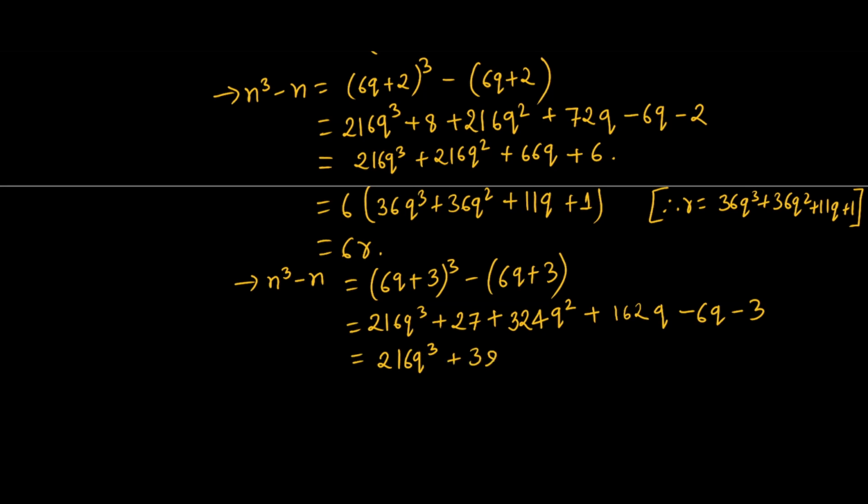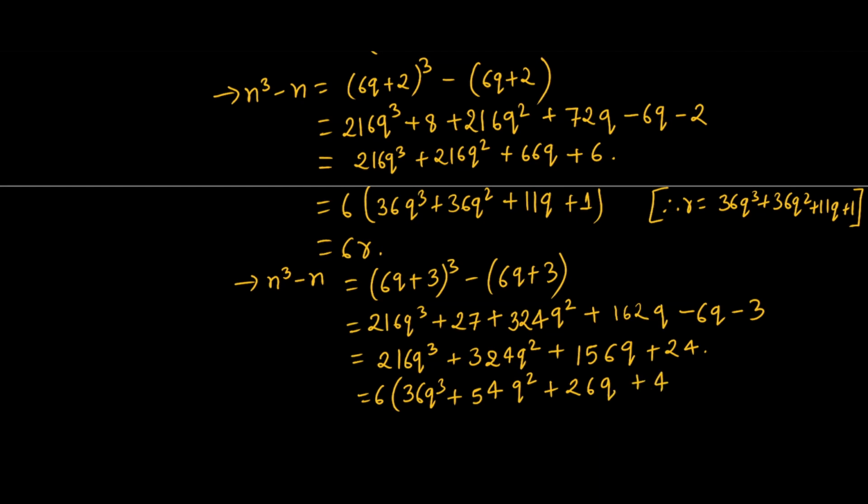So we will write in exponential form 216 q cube plus 324 q square plus 156q plus 24. So we will take common as 6 and we will get 36 q cube plus 54 q square plus 26q plus 4.